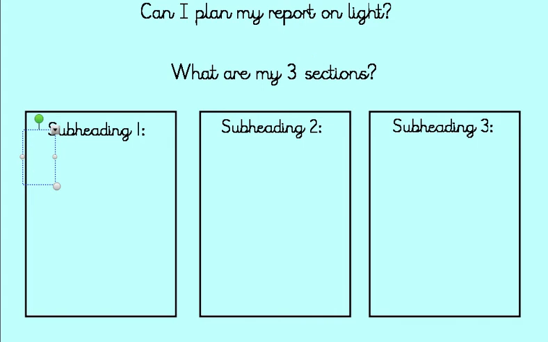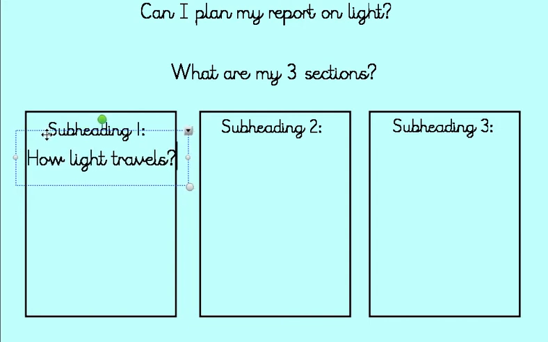Now you've written down 3 subheadings, you'll probably have something along the lines of this. We'll probably have a section on how light travels, because that's pretty important: if we know how light travels, then we know how it reflects.